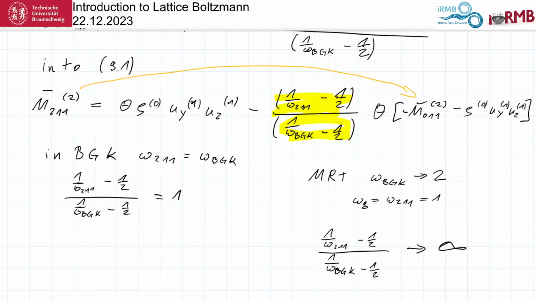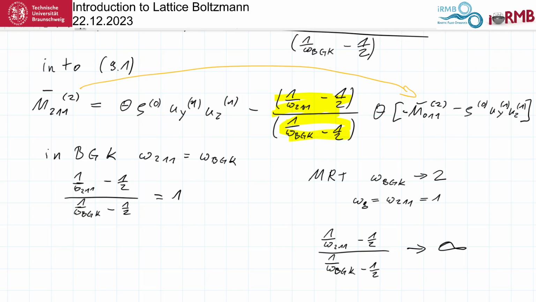Because the viscosity, down here, is getting small, and the damping of the ghost moments is large, this is going to be large. So this is the problem, because this M211, we usually say this doesn't matter because it's a ghost. However, we multiply it with something that goes to infinity.